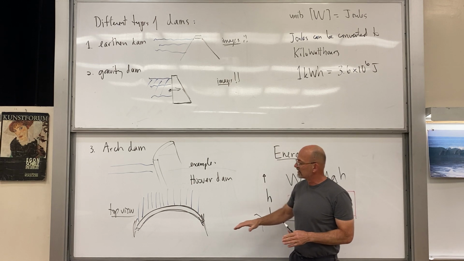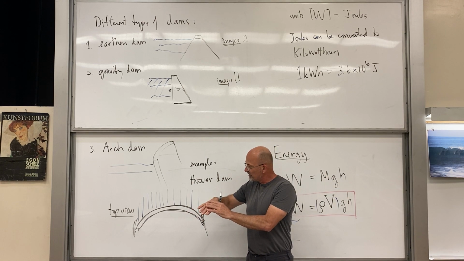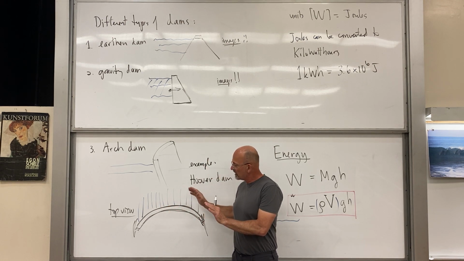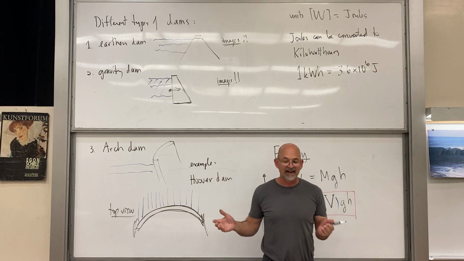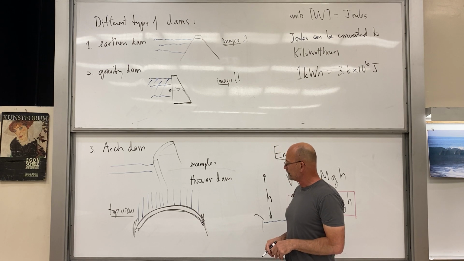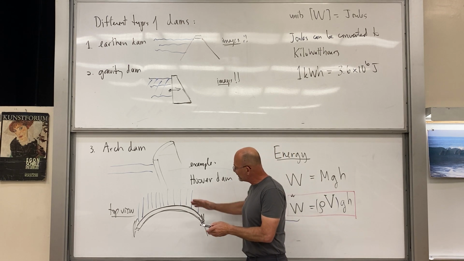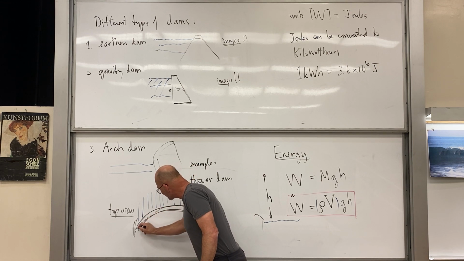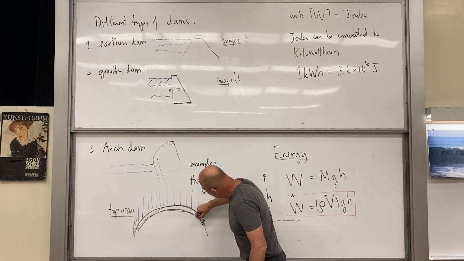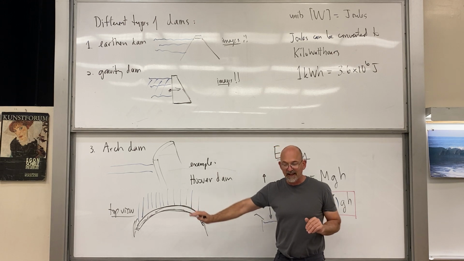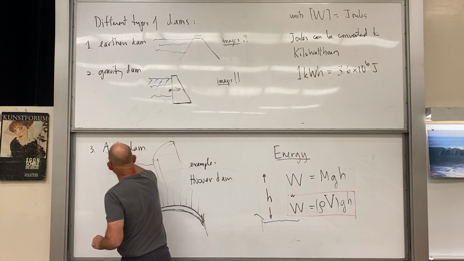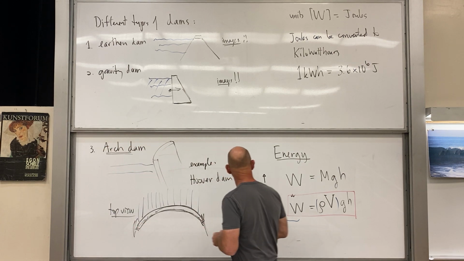Okay, you'll see the shape of it takes on a certain beauty just because it's that curved shape that we learned about, for example, with the catenary. Okay, it's the shape that transmits the forces into tangential forces and tries to push them into the side of the canyon wall. So arch dams are an important kind.